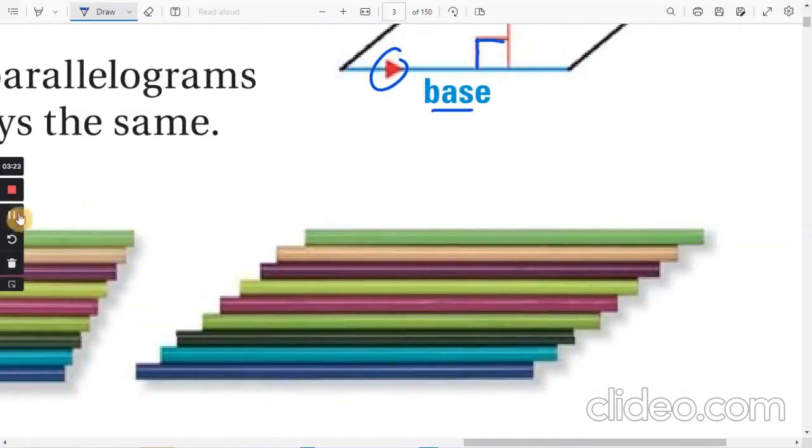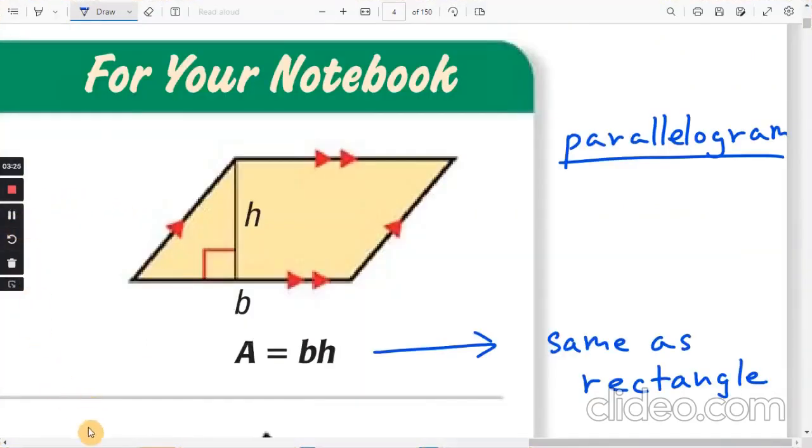As a result, the area for the parallelogram is the same as the rectangle. It's just base times height. Like we said, the base B is either pair of parallel sides, and the height is the distance between those two bases, but it has to be the perpendicular distance. So the area formula for the parallelogram is the same as a rectangle.